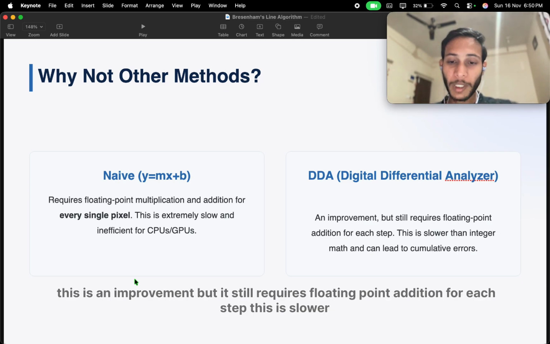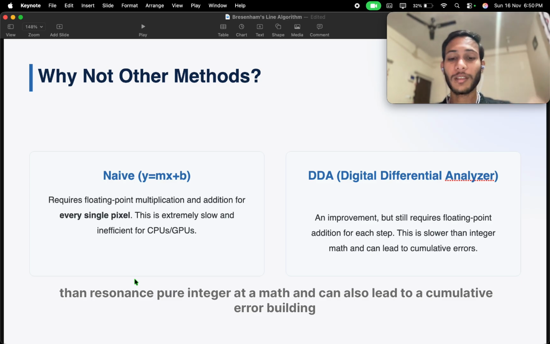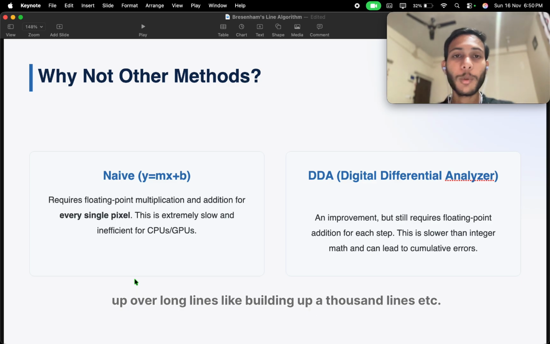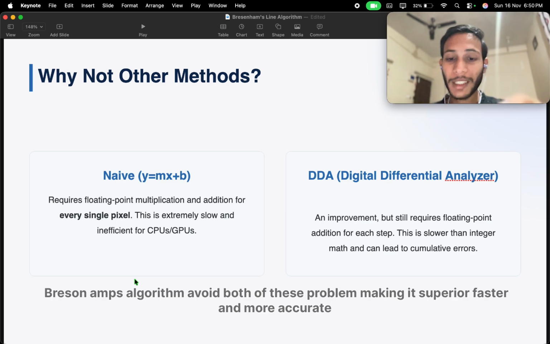This is an improvement, but it still requires floating point addition for each step. This is slower than Bresenham's pure integer math and can also lead to cumulative error building up over long lines. Bresenham's algorithm avoids both of these problems, making it superior, faster, and more accurate.